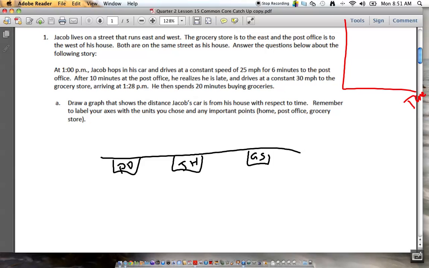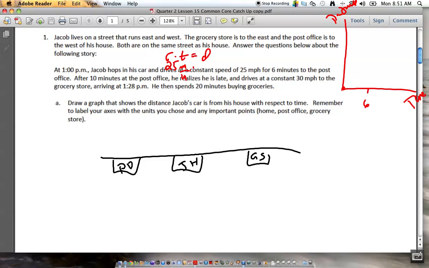So here's time, here's distance. The bottom line is he starts here, and he's going to go 25 miles an hour for 6 minutes. So if I just let this be 6, what kind of distance does that cover? Rate times time is equal to distance, 25 miles per hour.